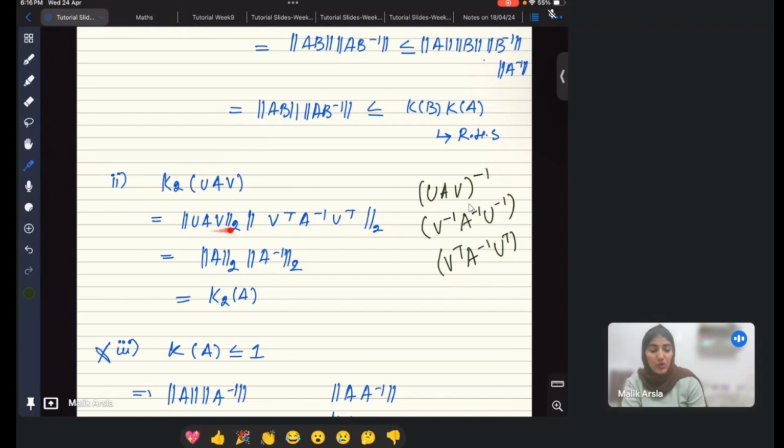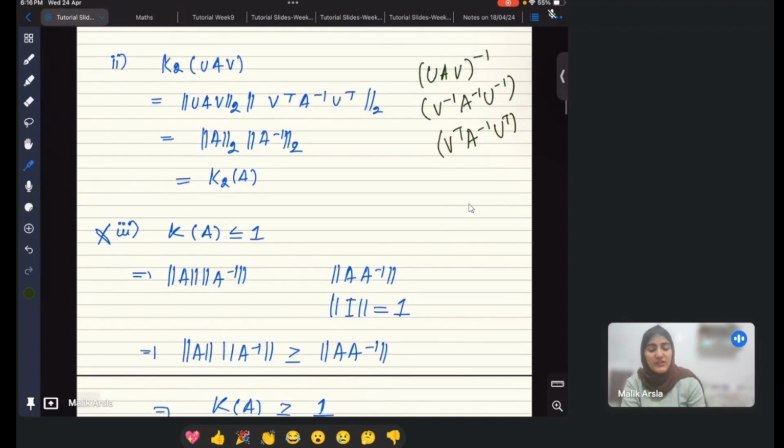Similarly this will apply to A inverse, because V inverse and U inverse, or V transpose and U transpose, are also going to be orthogonal. So this is also going to be 2 norm of A inverse. Now 2 norm of A into 2 norm of A inverse is nothing but K2 of A. So that is how we prove the second statement. It is also correct.